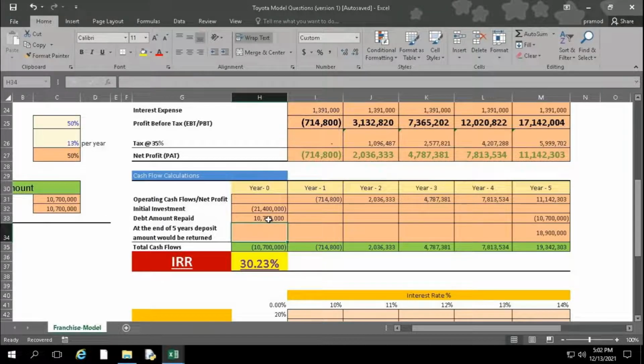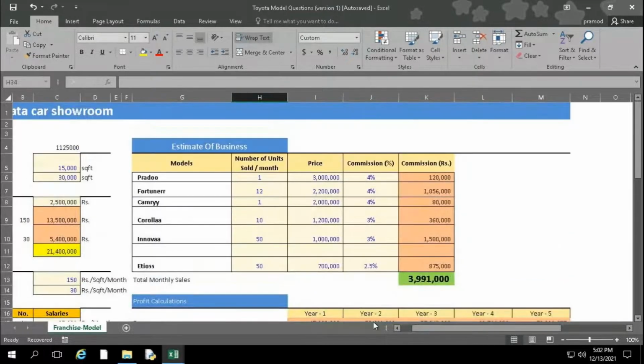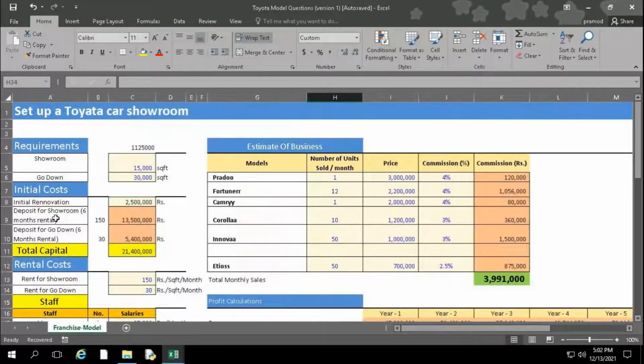This amount, where do we have to take it from, sir? Which 18 lakhs? This 18 lakhs, sir, at the end of the 5 years the deposit amount would be returned. Your rent, 6 month deposit, this plus this two. Okay, sir.